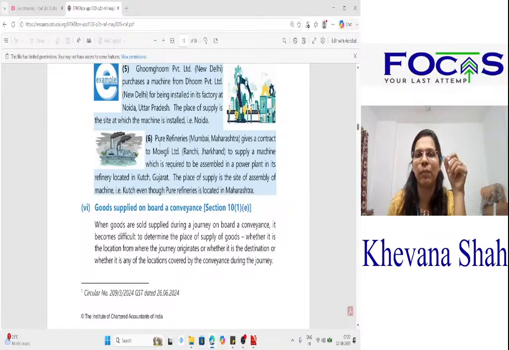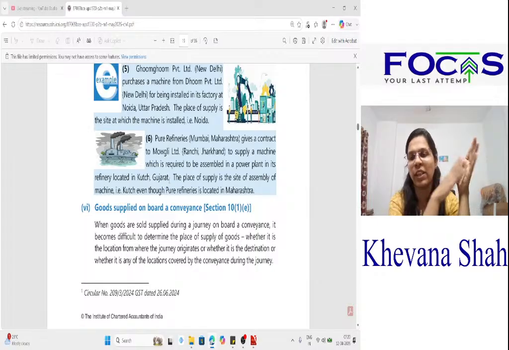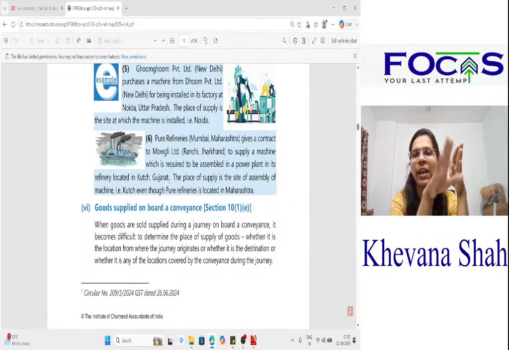Then another example they have given. Pure Refineries of Mumbai, Maharashtra gives a contract to Mowgli Limited, Ranchi, Jharkhand to supply a machine which is required to be assembled in a power plant in its refinery located in Kutch, Gujarat. So you have Pure Refineries which is located in Mumbai, Maharashtra, and Mowgli Limited which is located in Ranchi, Jharkhand.